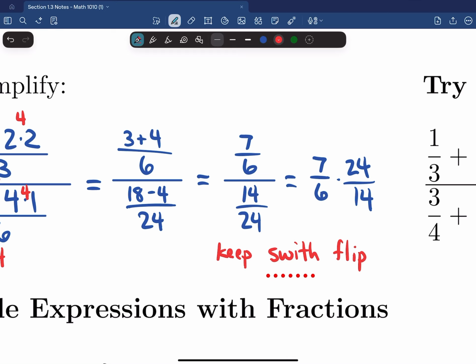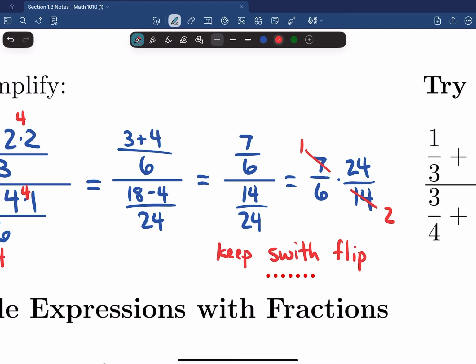Now, before I multiply everything together, it could be nice at this point to reduce, find common factors on top and bottom. Let me show you an example. 7 over 14, right? 7/14. Well, 7 and 14 are both divisible by 7, so we could write them as 1 over 2.